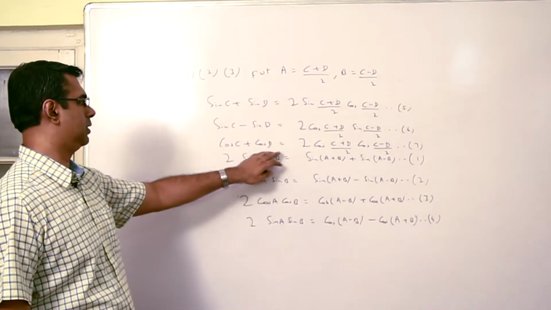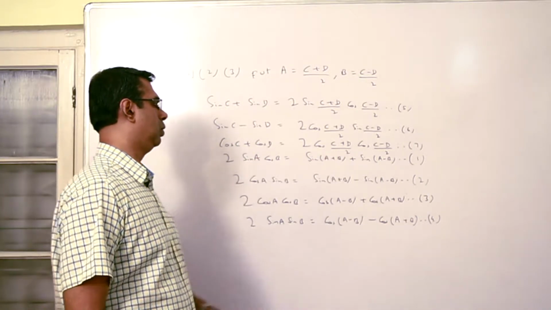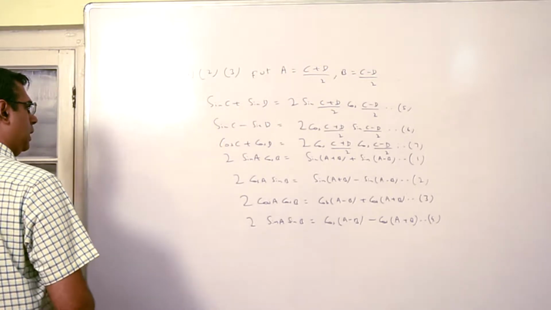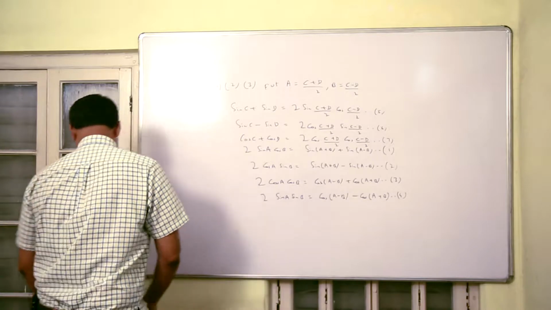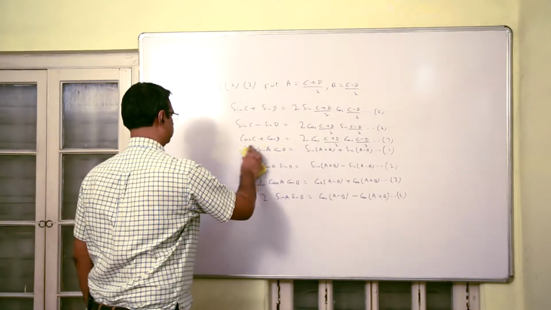Cos C plus cos D is 2 cos C plus D by 2 cos C minus D by 2. So these are formula number 5, 6 and 7 of transformation.